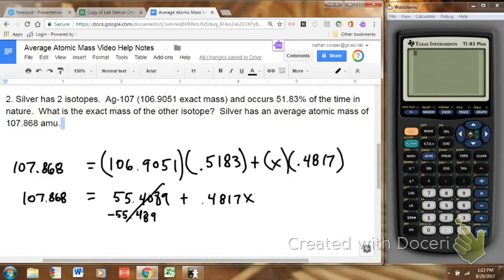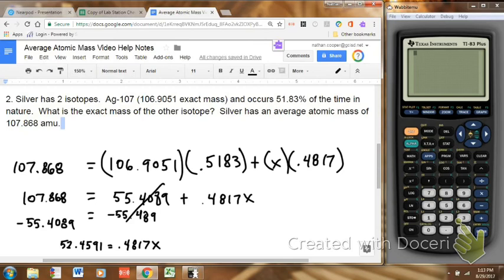That cancels out. And so when I subtract 55.4089 from both sides, I get this equation here. I get 52.4591 equals 0.4817x.